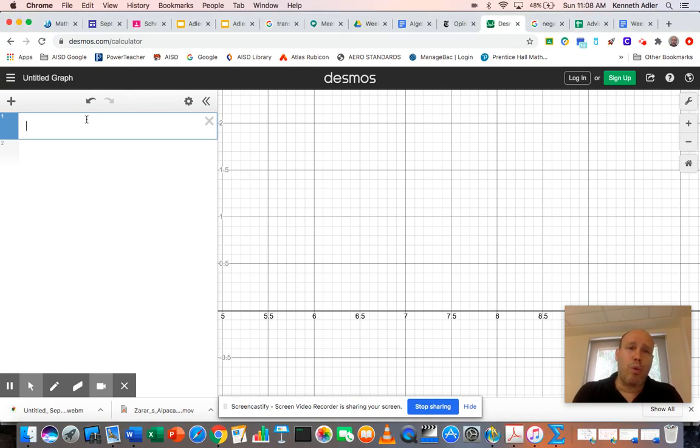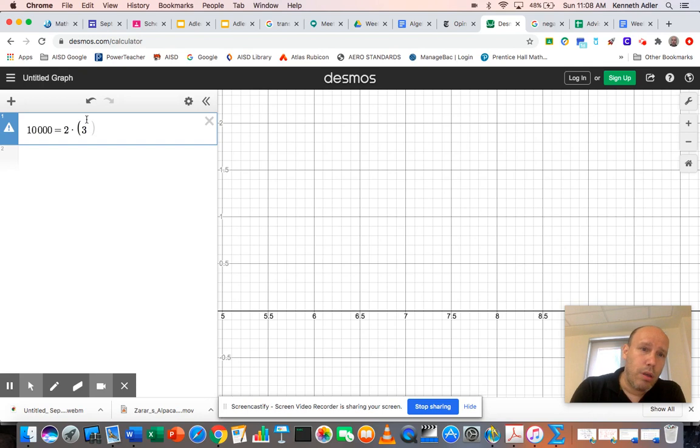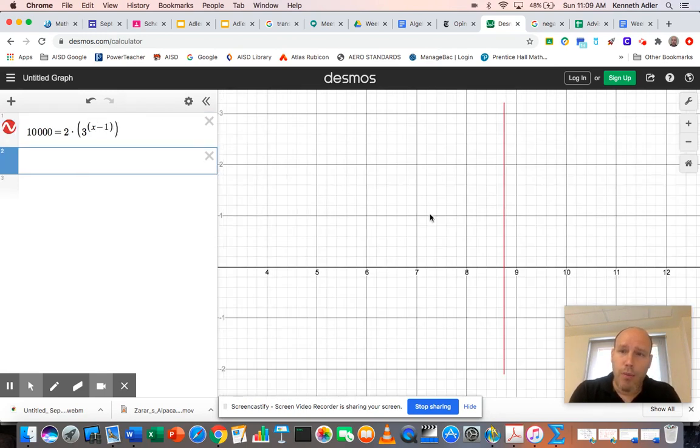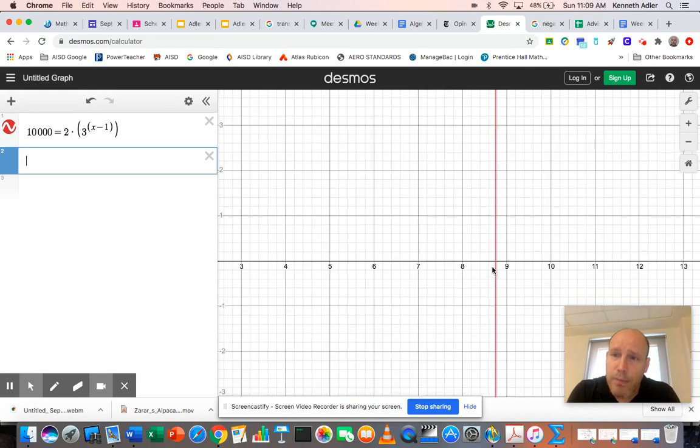Then you're going to put in the equation that we just came up with: 10,000 equals 2 times, open parentheses, 3 raised, there's a caret at the top, to the x minus 1, close parentheses, and return.